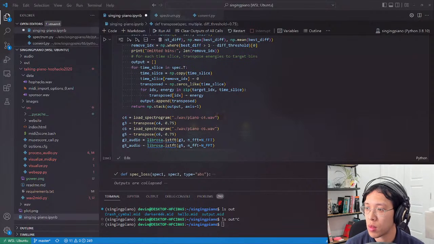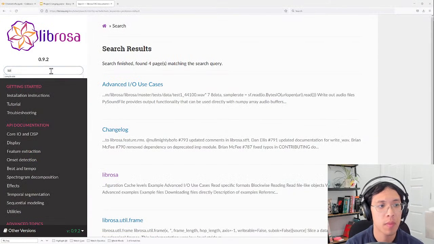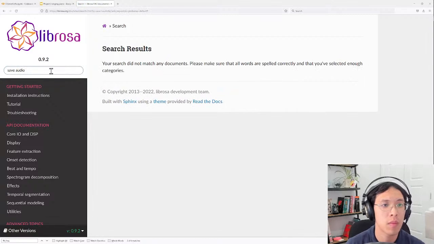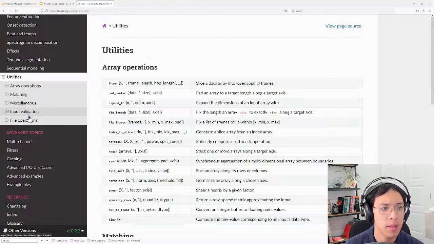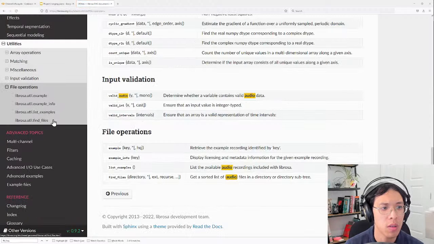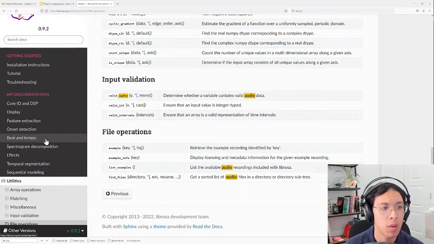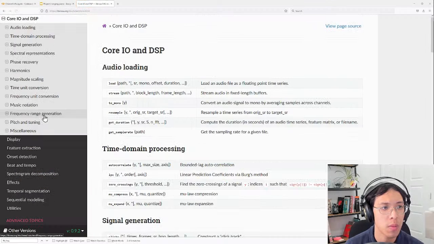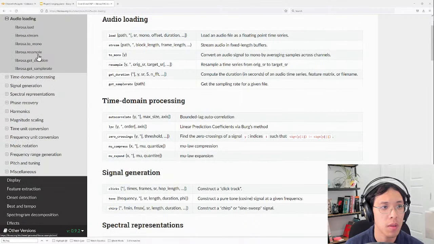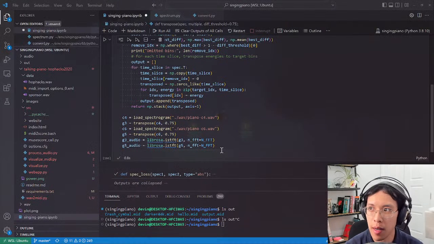So let's do a little searching. Utilities, file operations. Nope. Core IO. Audio loading. That's loading. Okay, I will do a little Stack Overflowing. librosa save audio wave.